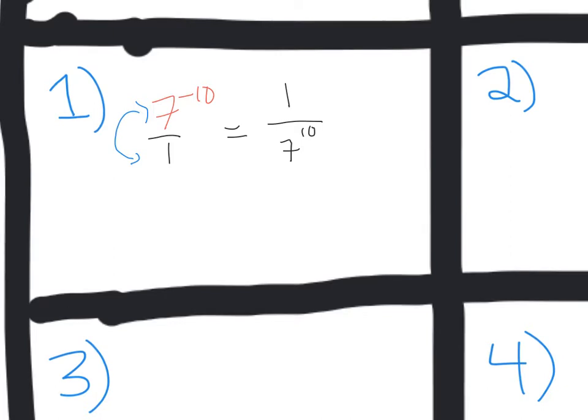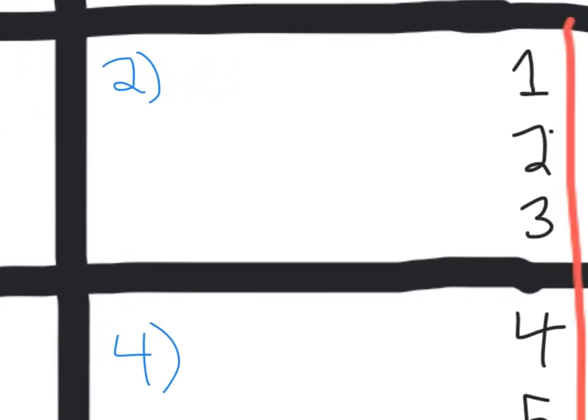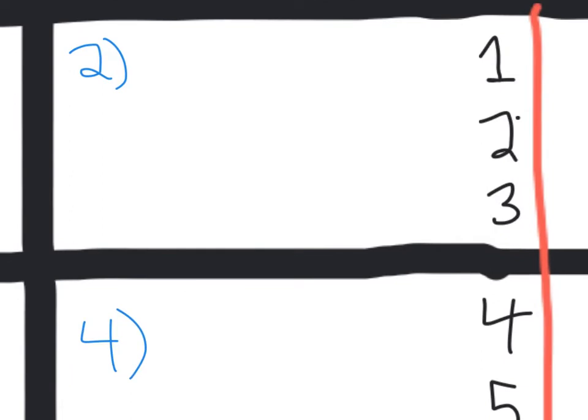Let's try number 2. Number 2, a little bit trickier, not much. So you've got negative 5 to the negative 4th power. And this one we can rewrite as a fraction with 1 on the bottom. And we know to change a negative exponent, negative 4, to a positive 4, we're going to have to switch these, take their reciprocal or do a flip.